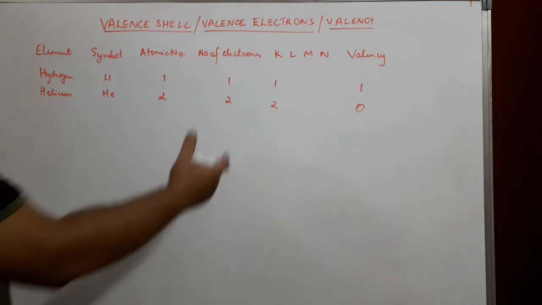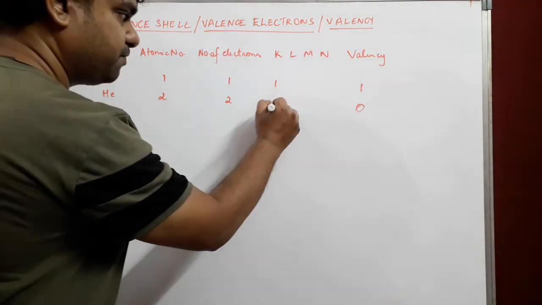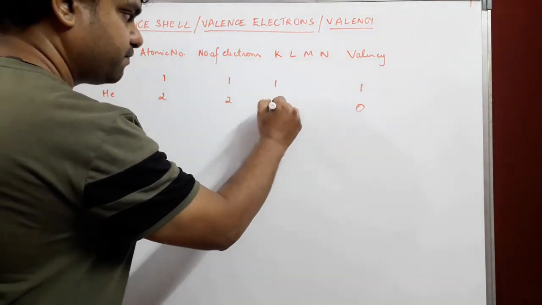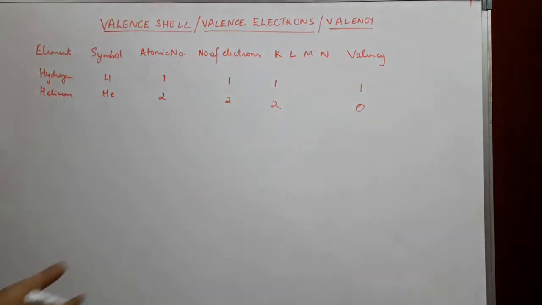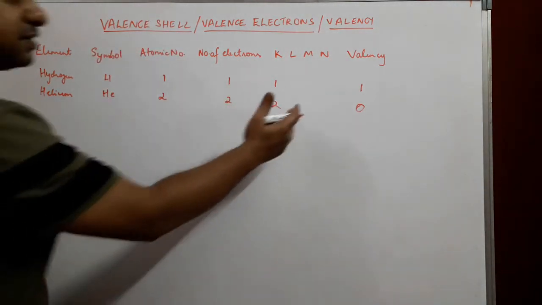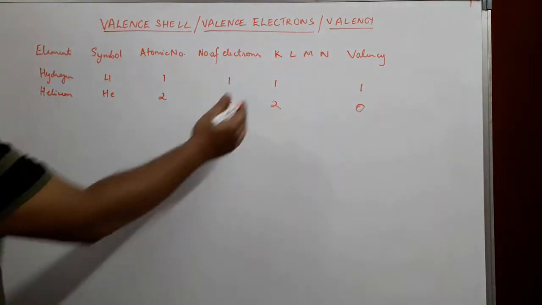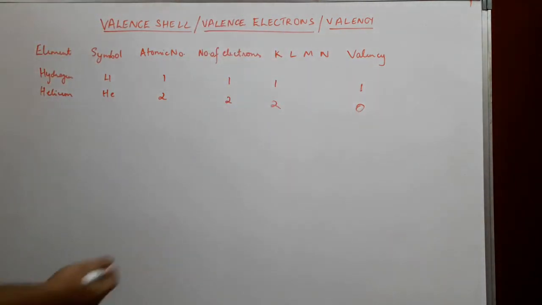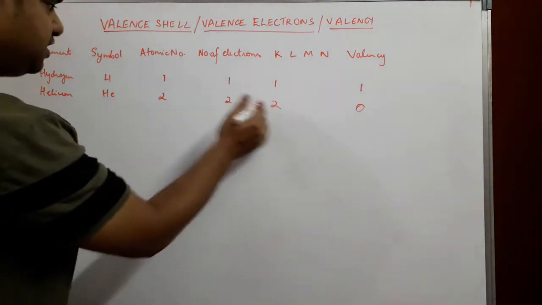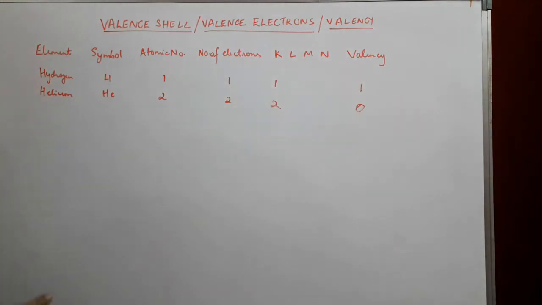But here it doesn't need to give any electron and it doesn't need to accept anything from anybody, because it is stable by itself, hence the valency is 0. That is based on the definition, its combining capacity. So it does not need to combine with anybody. Helium is stable by itself.